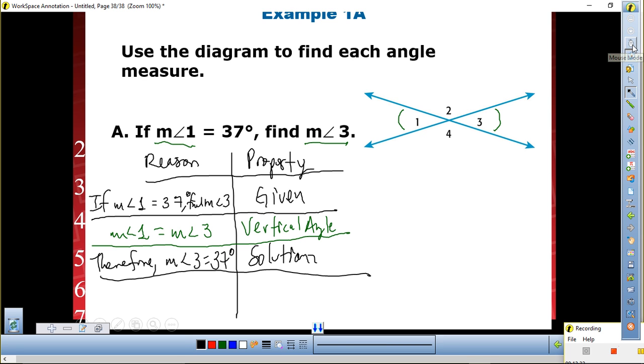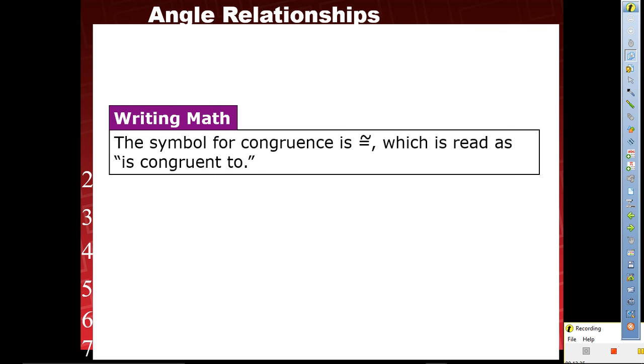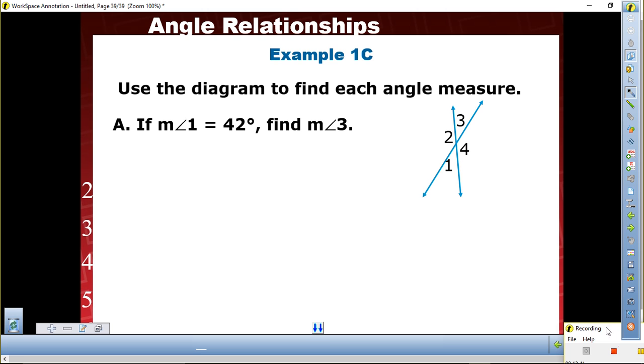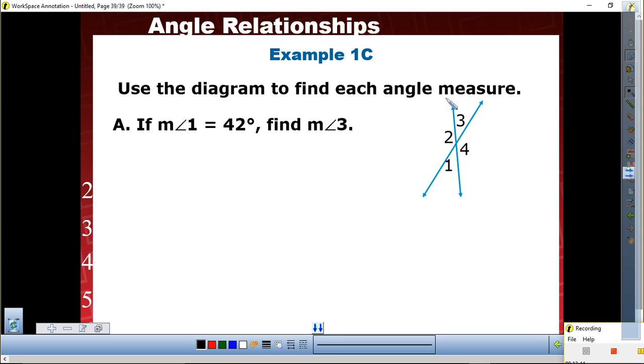So do this next one by yourself. Example 1C. And let's see how you do. It says, example 1C, use a diagram to find each angle measure. If measurement of angle 1 is 42 degrees, find measurement of angle 3.